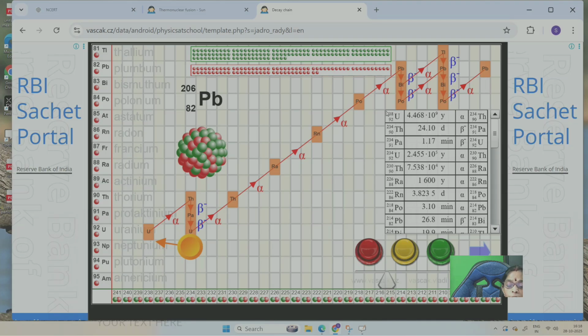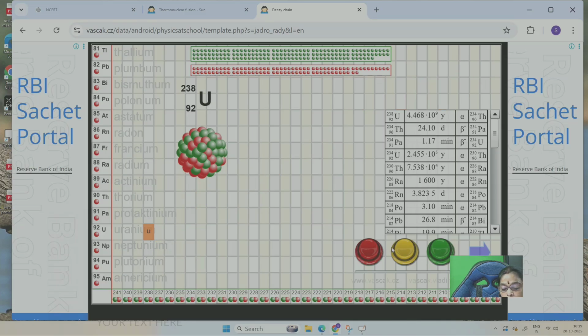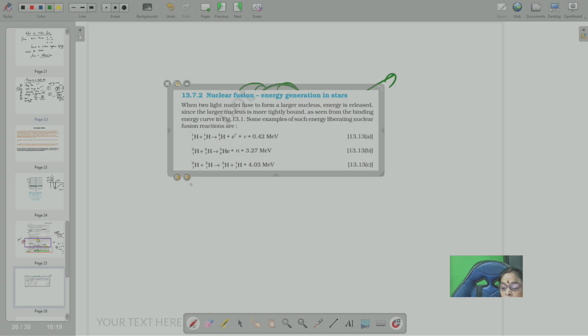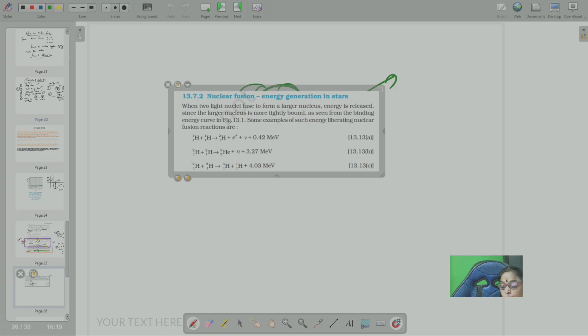So it just goes on, it's a continuous chain. So this process is continuous. This is called the nuclear fission reaction. So hope you understand this, children, nuclear fusion and fission.